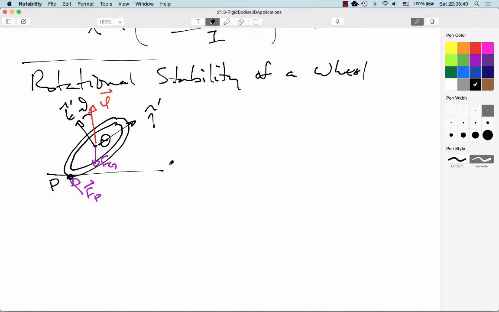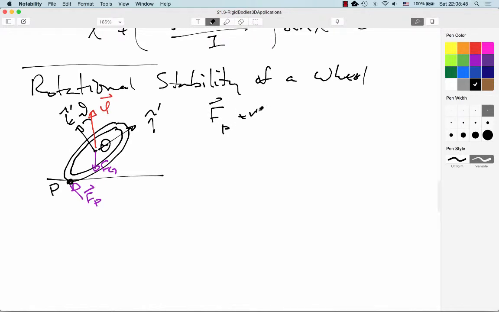All right. So with all that, I can start with Newton's second law: F_P plus mg equals m dv_cm dt. Now if we take our position vector from O to P and cross that into our F_P, that will give us our torque.